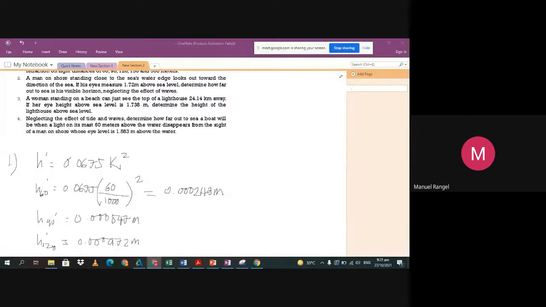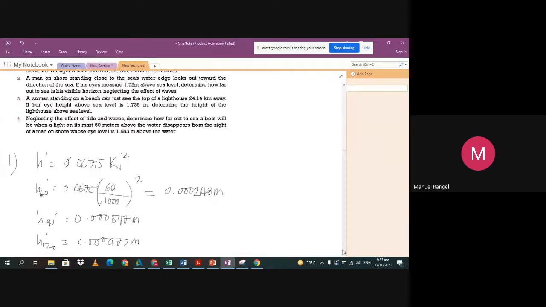So what are given? Eyes of measurement above sea level. So that is the h prime, given ang h prime. So ang gipangita is how far out to sea is visible to horizon.